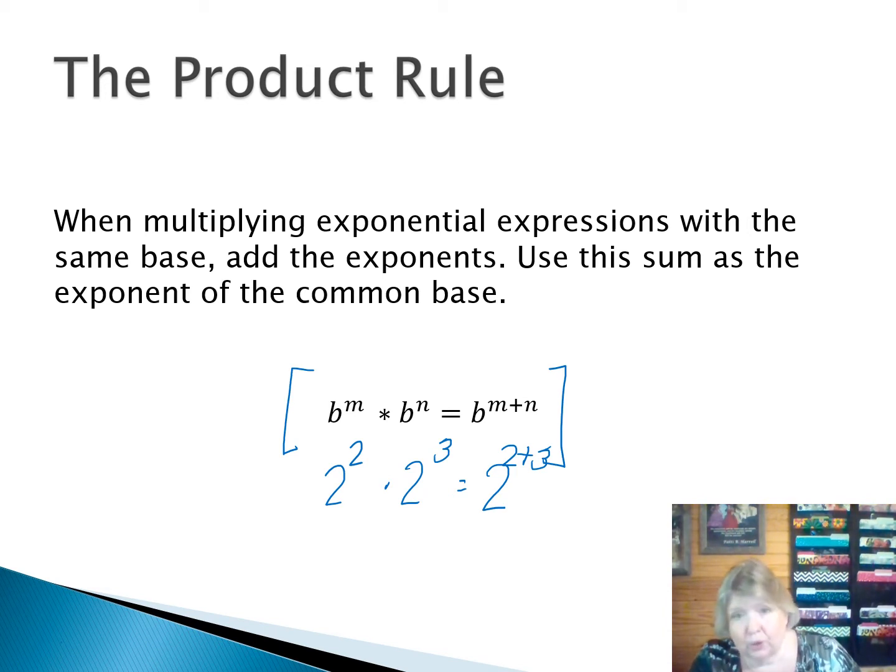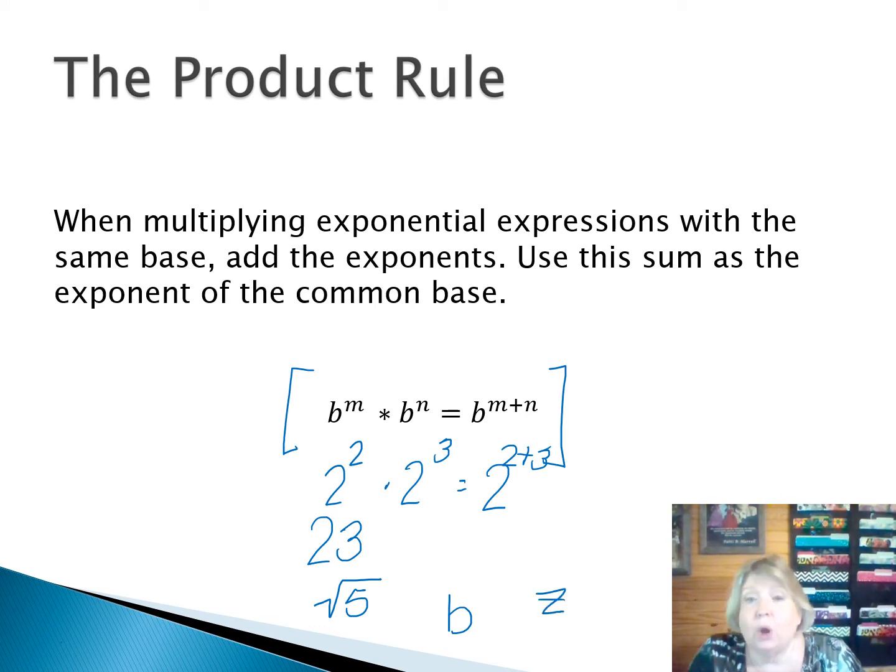This also allows me to use it for our example with the base 23. It allows me to use it with base square root of 5. It allows me to use it with base b or base z. So this is algebraically stated so that I can apply it to infinitely many cases.